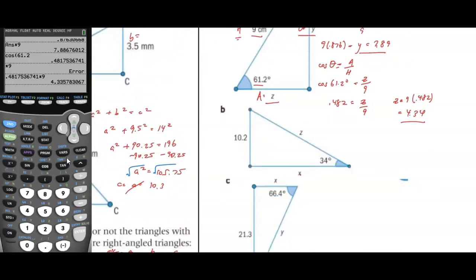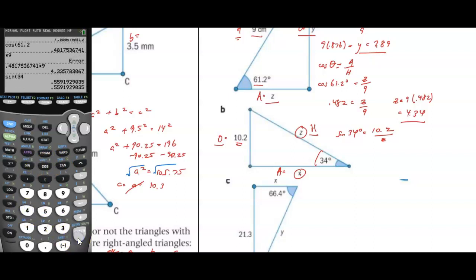So we want to know x and z, and we have this angle. So the hypotenuse is z. This is the opposite, and this is the adjacent. So let's do sine first. So we'll do sine of 34 degrees is equal to the opposite over the hypotenuse, which would be 10.2 over z. Sine of 34, let's do that on the calculator. 0.559. So 0.559 equals 10.2 over z.